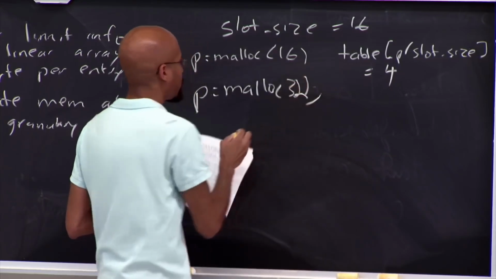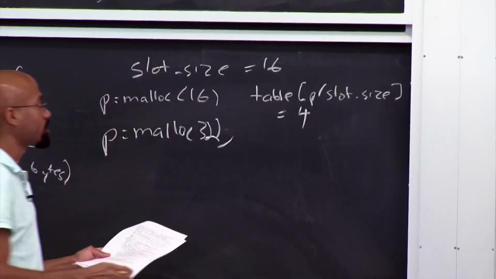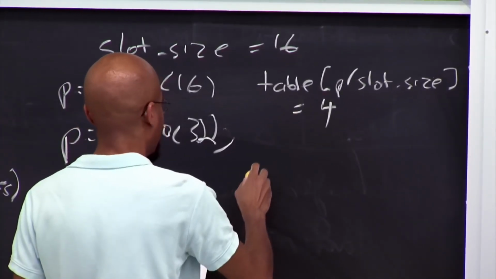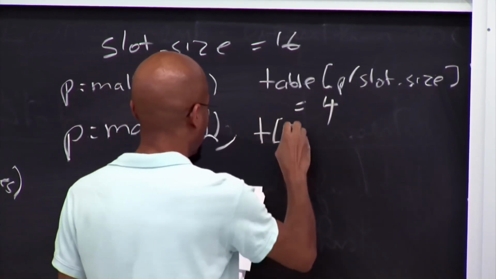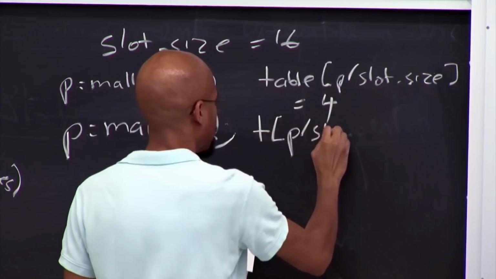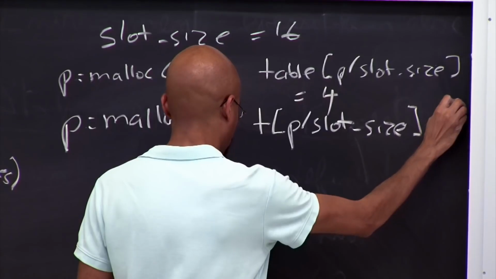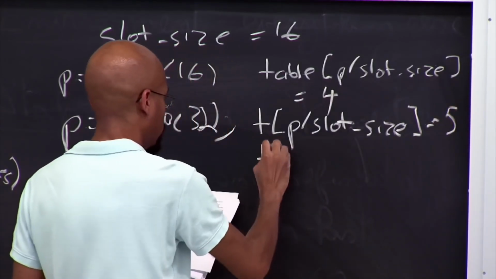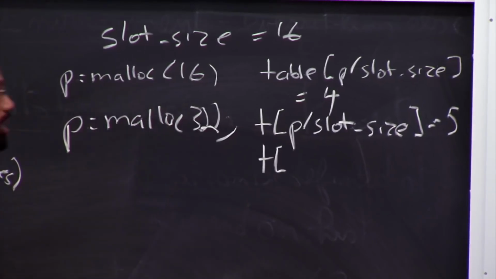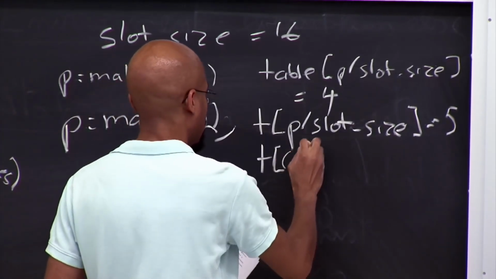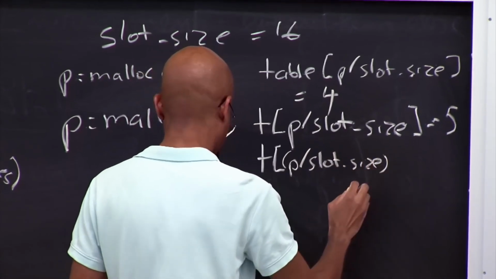Now the tricky thing is, let's say that you allocate 32 bytes. What is the bounds table going to look like there? Here we actually have to update the bounds table twice, once for the first slot of memory that this allocation takes up, and then a second time for the second slot that it takes up.